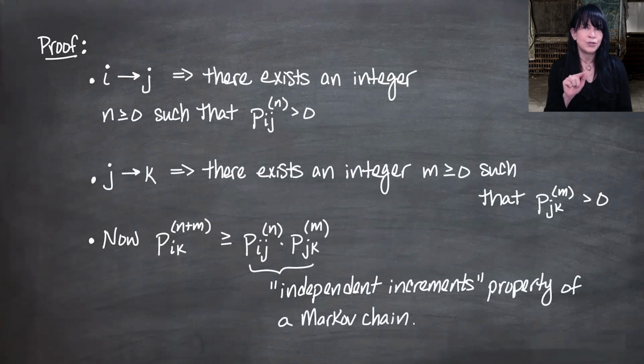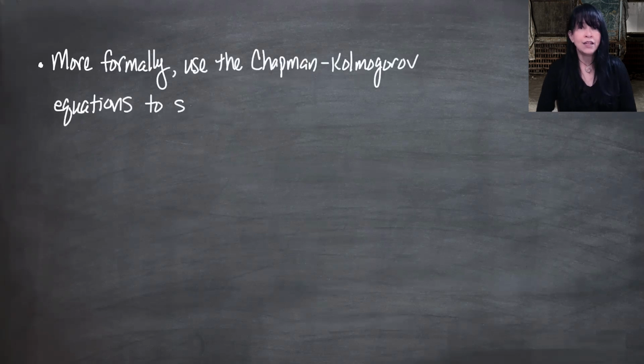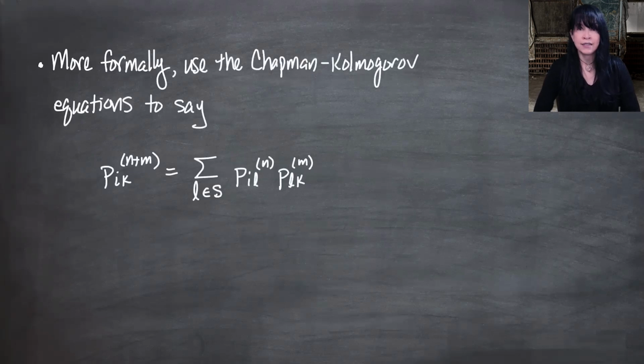But I would like to look at this in a little more detail using the Chapman-Kolmogorov equations. The probability of going from I to K in n plus m steps is supposed to be a sum over all states in the state space.